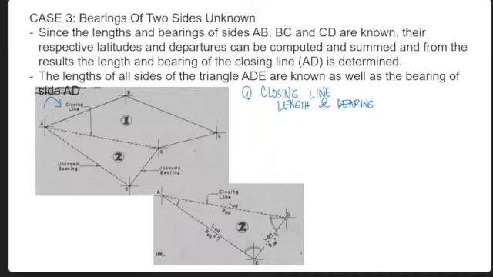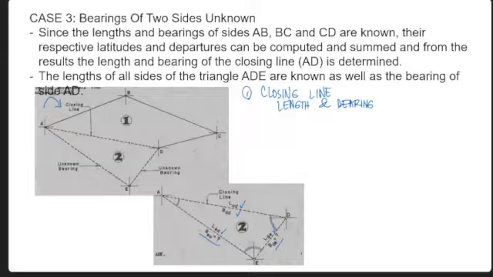So our triangle now is a triangle containing our sides with known length. So lahat meron length. Pero yung dalawa has no bearing. So walang bearing, and yung ating closing line merong bearing.